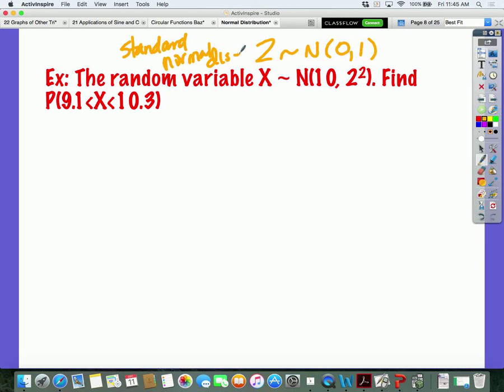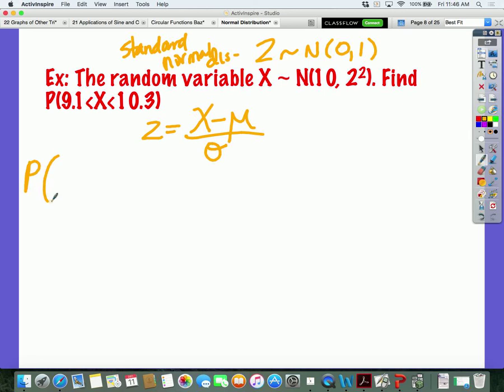So what we can do is convert it to a standard normal distribution by using that formula here: z equals x minus mu over sigma, because this probability is based off a normal distribution because of the x there. We want that to be a z.